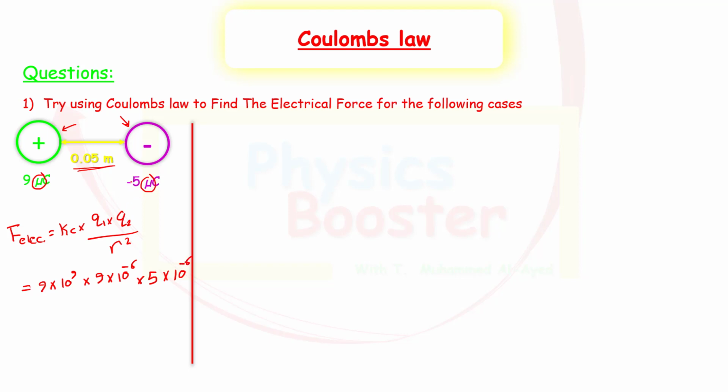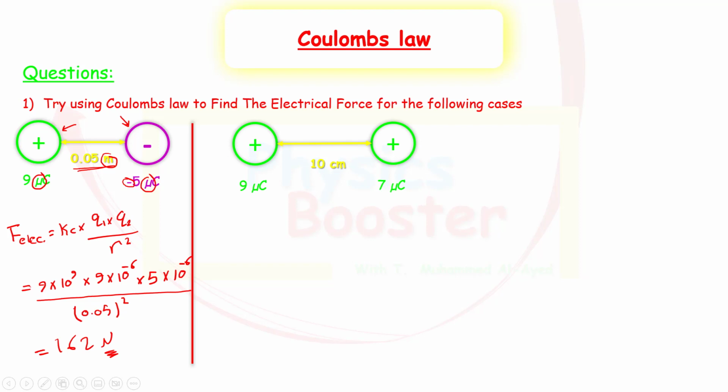We forget about the negative sign, we will not use it in Coulomb's law. There's no need for it. Divided by r squared. R must be in meters, so the distance is 0.05, all of it squared. Using our calculators, we get the final answer: 162 newtons.